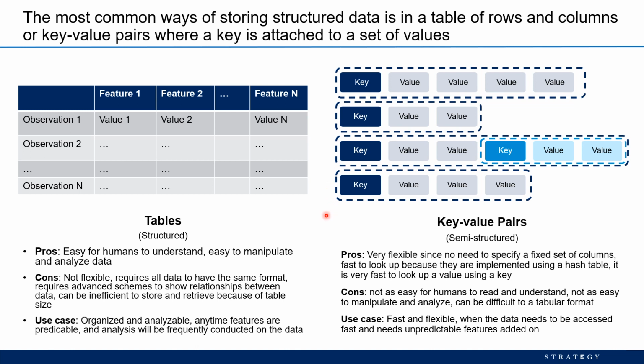So really quickly going over the pros and cons of each, we'll start with a table. Tables are great because they are very easy to understand. Most people are very familiar using tables. And most importantly, tables are very easy to manipulate and to perform data analysis on.